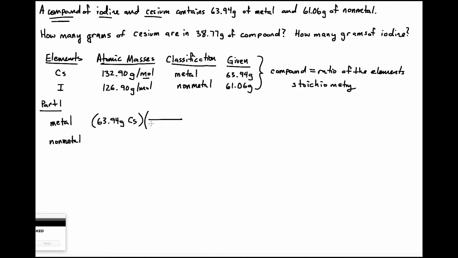So to do that, we're going to write the atomic mass in the denominator. So here's our relationship. 132.90 grams per 1 mole. You can think of this as 12 eggs per dozen. That's all it is, a relationship. When we do this, the units of grams will cancel. So when you multiply this through, you have grams in numerator, grams in denominator, they cancel.